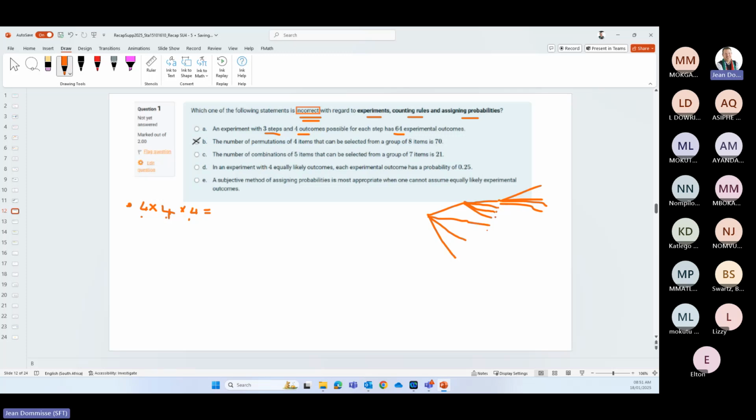So you can actually design that tree and count it. The easiest is to say 4 times 4 times 4, but you can draw something like that roughly and see.